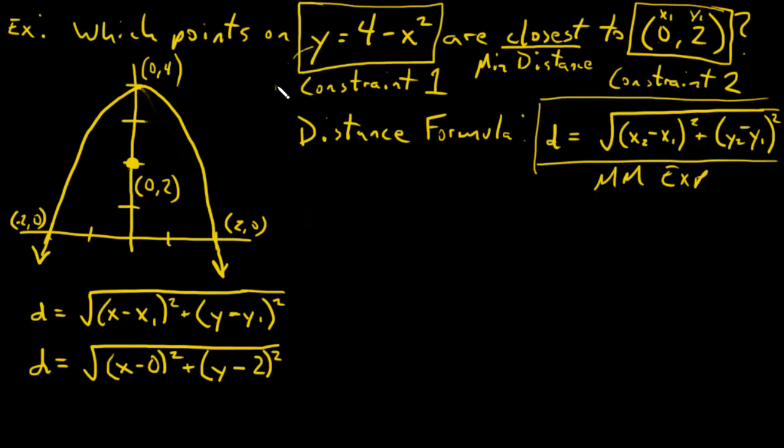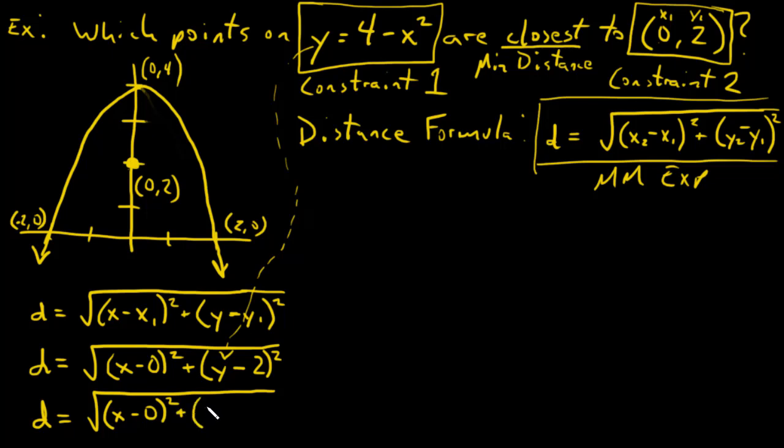Well, this one goes right there into that y. So I'm going to wind up with d is equal to the square root of (x minus 0) squared plus ((4 minus x squared) minus 2) squared.